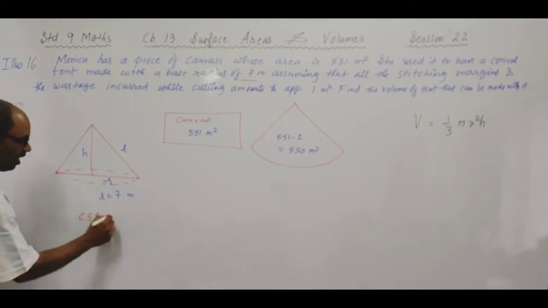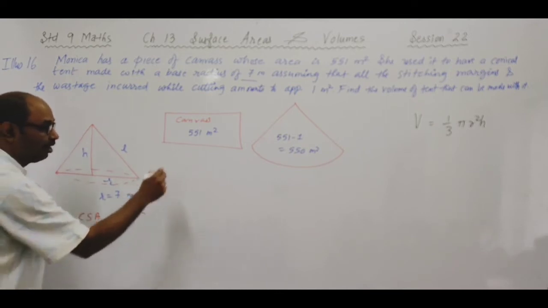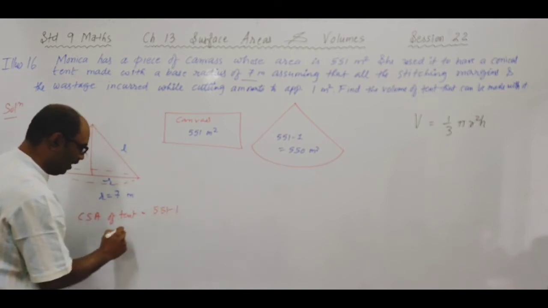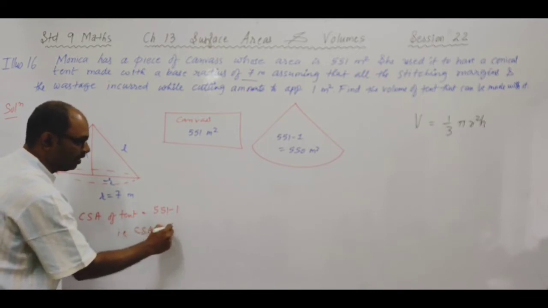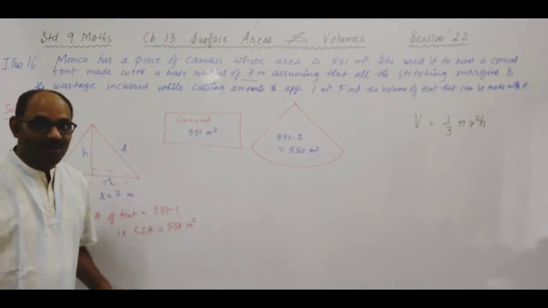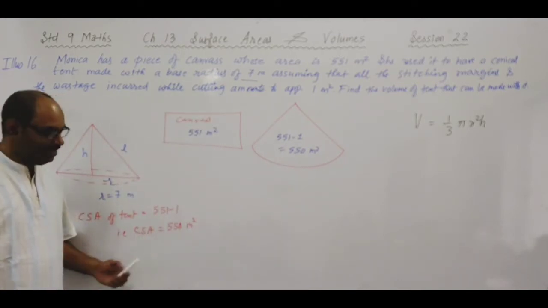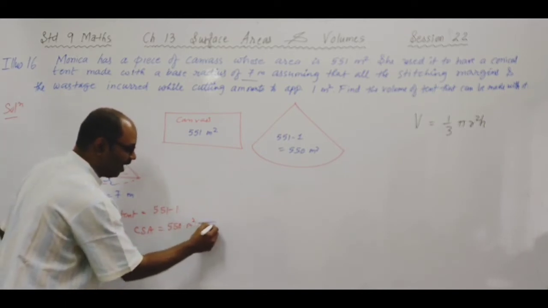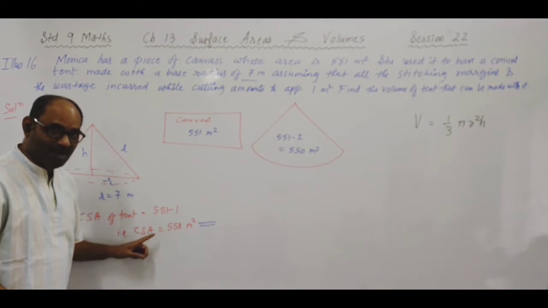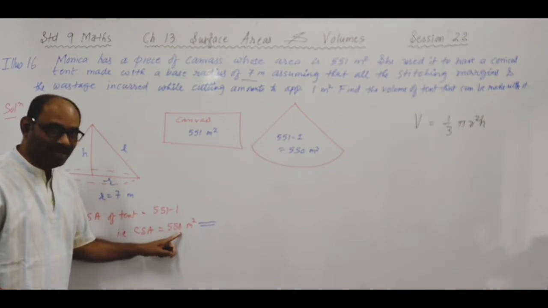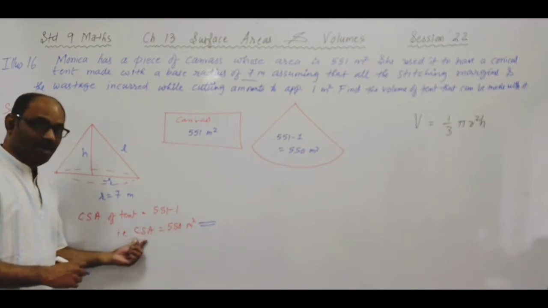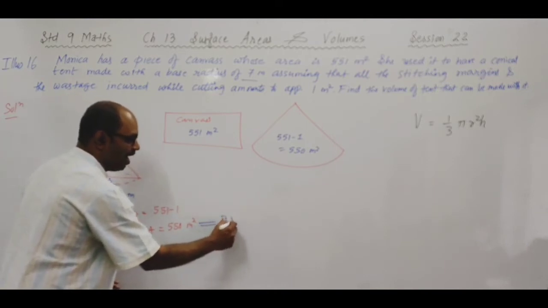Curved surface area of the tent. 551 minus 1, that is, curved surface area is 550 meter square. ये मेहनत से, कॉमन सेंस से, बुद्धि से लाए हम लोग. सम चिल्ड्रन राइट 551 डायरेक्टली. वो वेस्टेज 1 मीटर स्क्वायर गया, उसको निकालना है. बोलो, व्हाट इज द फॉर्मूला? कर्व सरफेस एरिया pi r l.